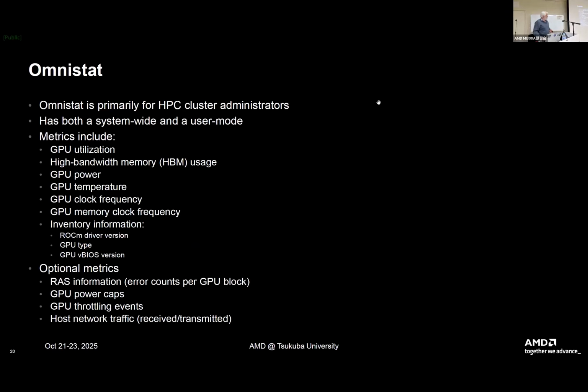Now, Omnistat is another package that was developed for some customers that wanted to see a system level view of what was going on. So this is for system managers of the compute resources. But it's also been used by Livermore to get overall statistics for an application. And what it gets out are a whole set of metrics, so you can monitor things like GPU temperature, frequency, see if there's any issues on the system.